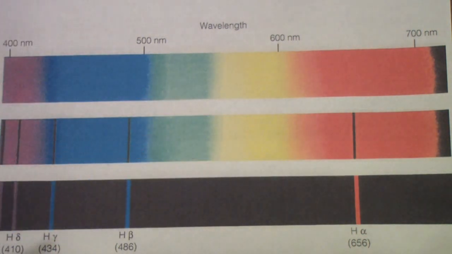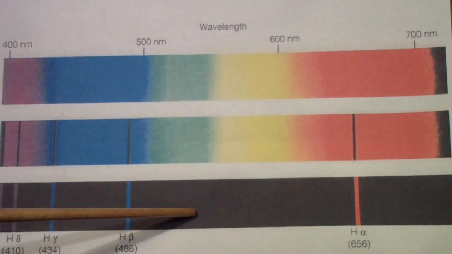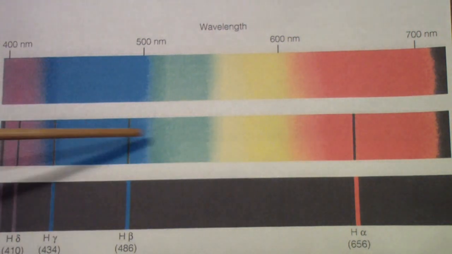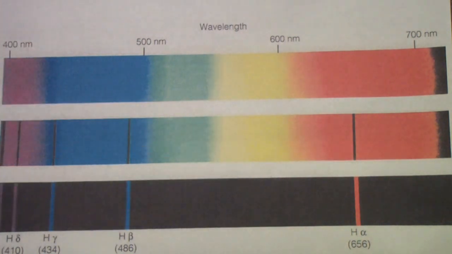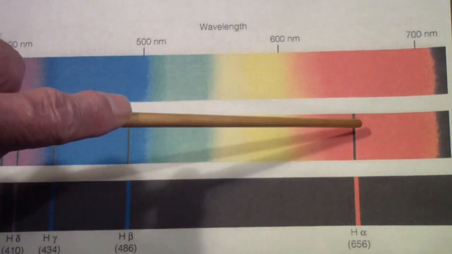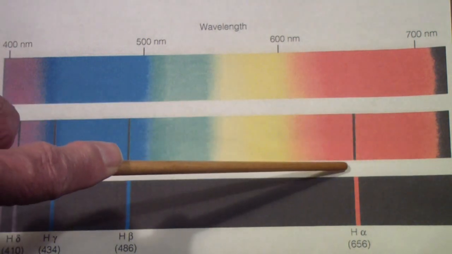In the middle is what happens when you shine an emission spectrum, or a continuous spectrum, through a gas. A cool gas that is sitting between you and the stars will absorb frequencies.